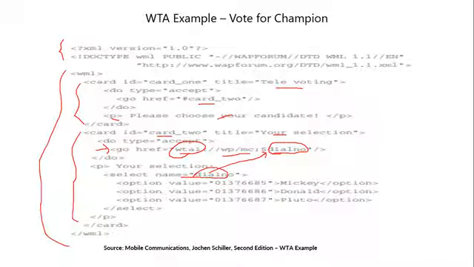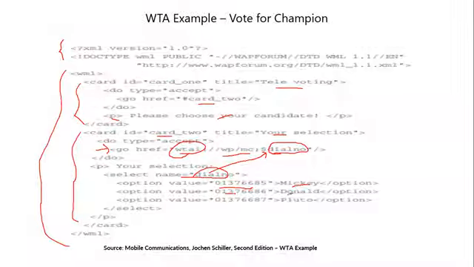The various options are: option value is some number, name is Mickey. Option value some other number, name is Donald. Option value some other number, and name is Pluto. Now the user will get a list box, and from that he can select any one name. If he selects Mickey, then this statement will be called and automatically a call will be established to Mickey.